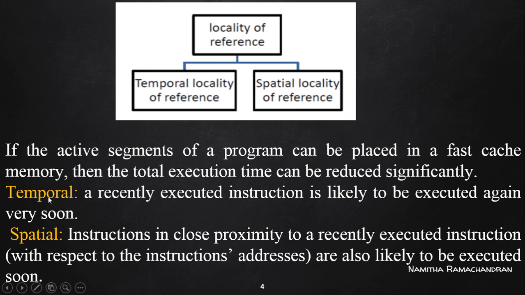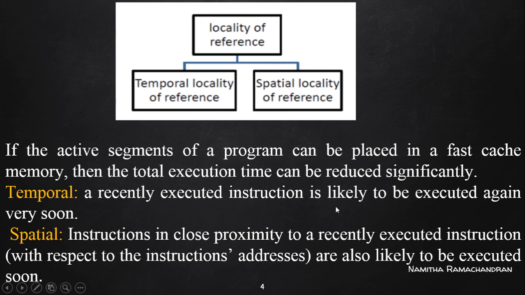Temporal locality means a recently executed instruction is likely to be executed again very soon. This is experienced while executing a program. It is experienced many times that a recently executed instruction is going to be executed again and again very soon.